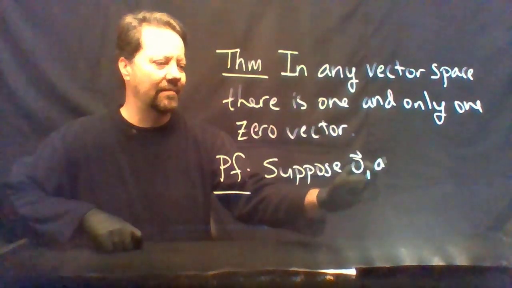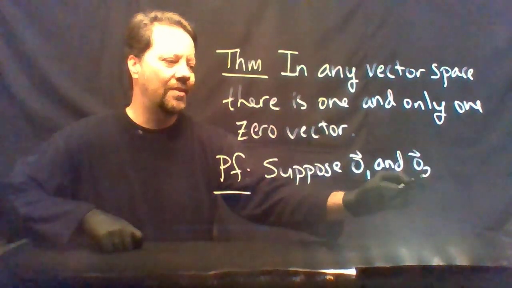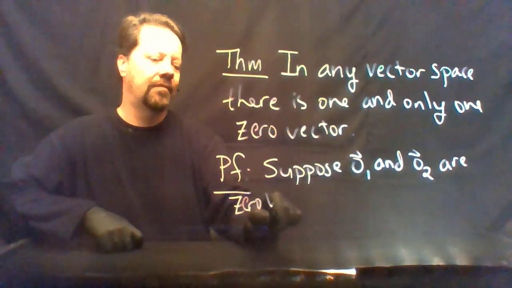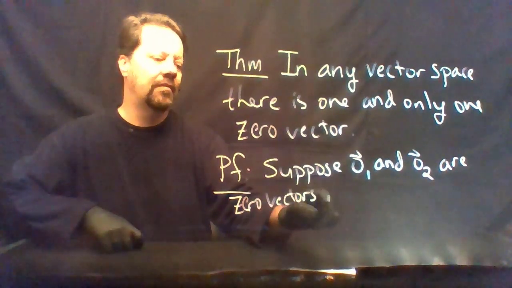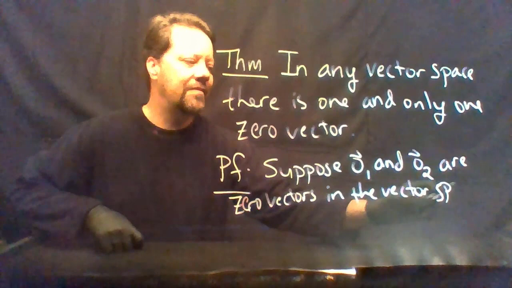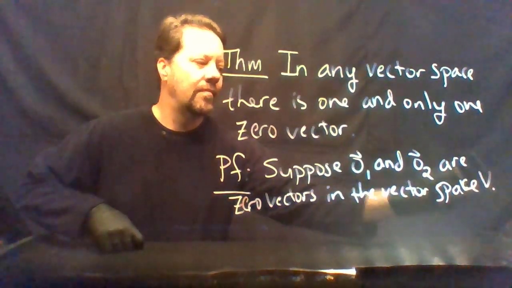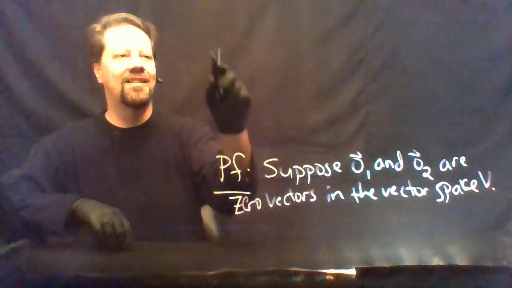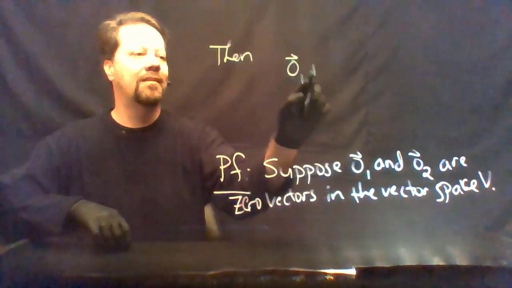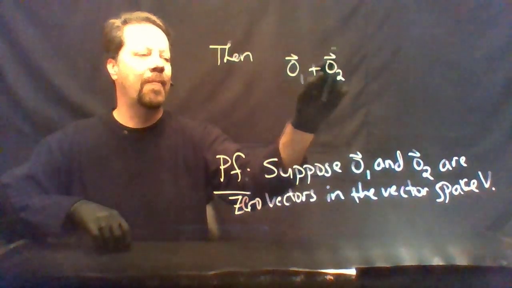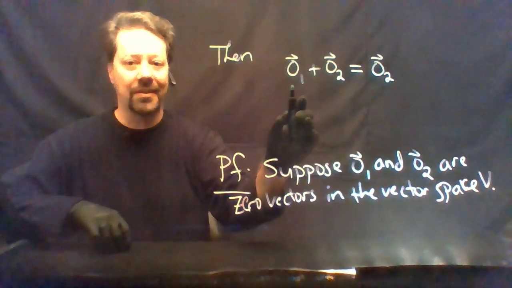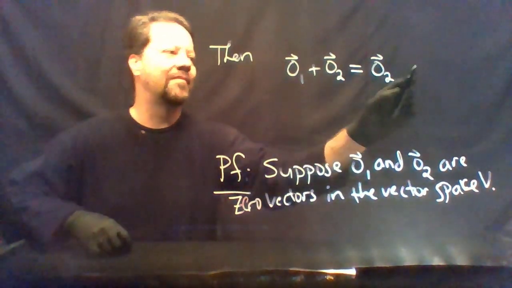Suppose 0_1 and 0_2 are zero vectors in the vector space V. Then, if I add 0_1 to 0_2, I must in fact get 0_2, since 0_1 is a zero vector.